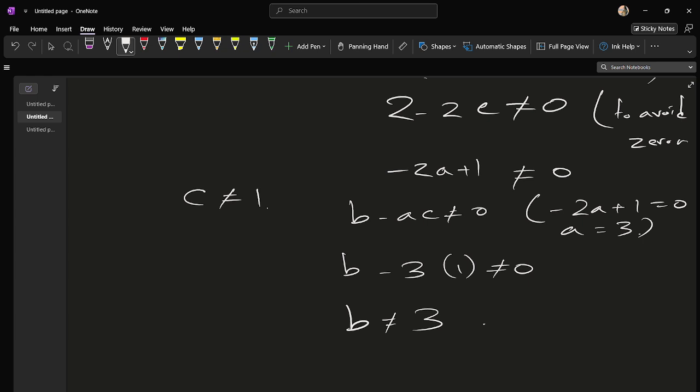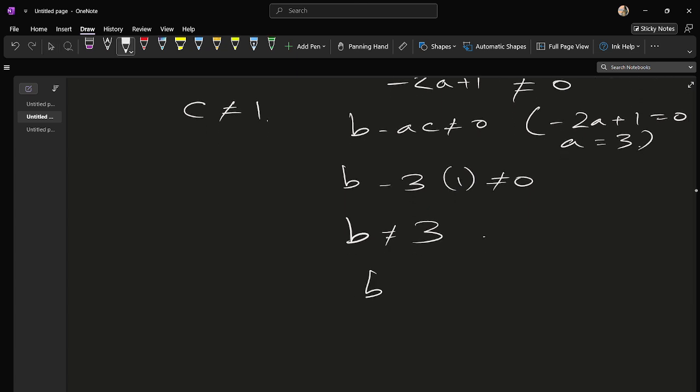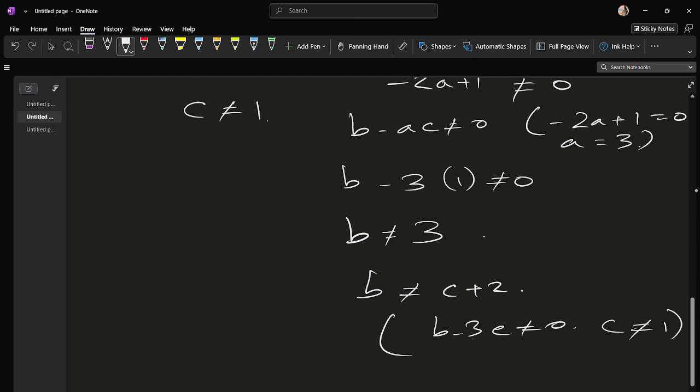And our c is 1, so we can write that b is not equal to 1 plus 2, so b is not equal to 3. Now substituting a equals 3 and c not equal to 1, we can easily write that b is not equal to c plus 2, since b minus 3c is not equal to 0 when c is not equal to 1.